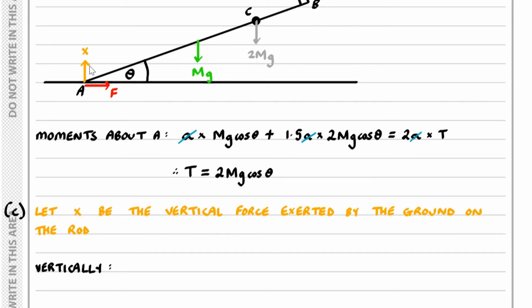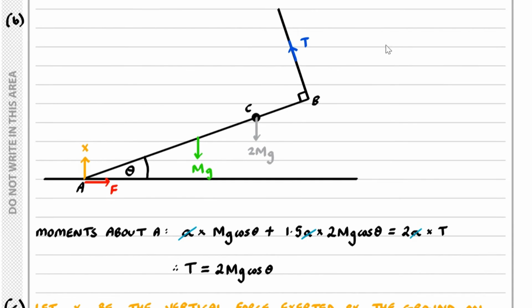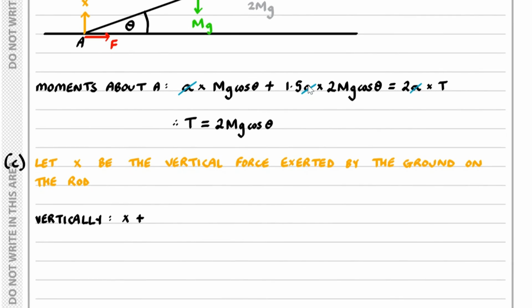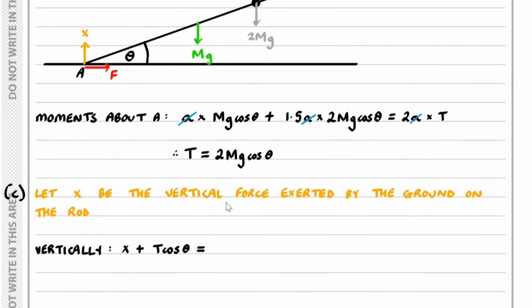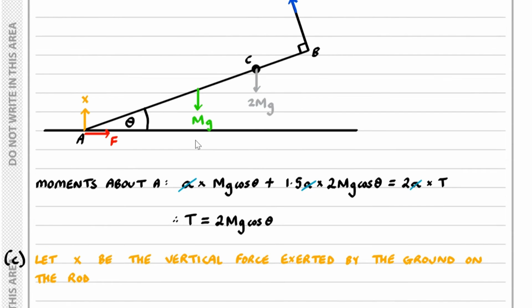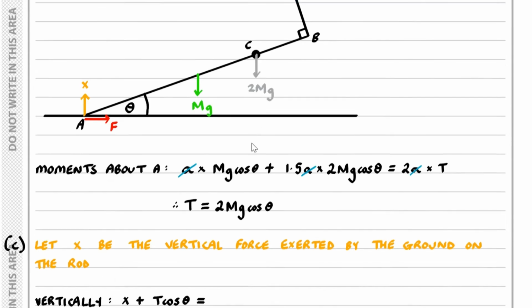then we have, going upwards, X plus the vertical component of the tension, T cos theta, and that will equal mg plus 2mg.